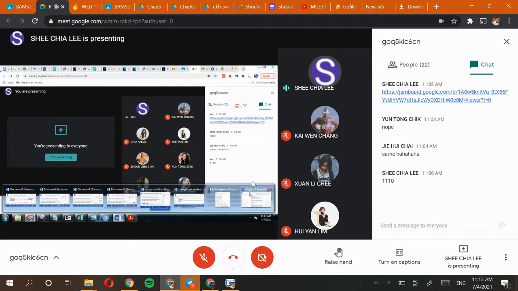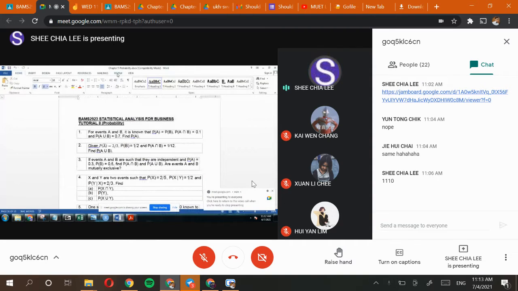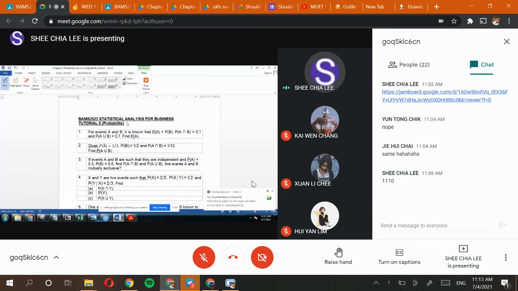All right. So for your question one, for this A union B, A intersect B. You remember we said A union B for mutually exclusive events, event A and event B have no intersection.